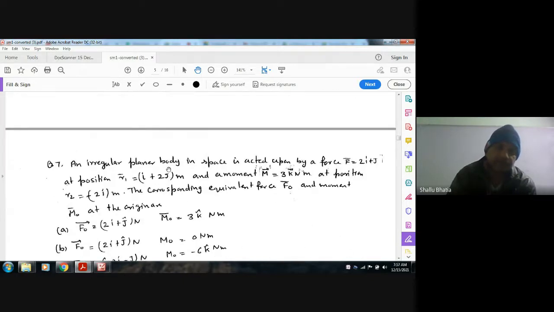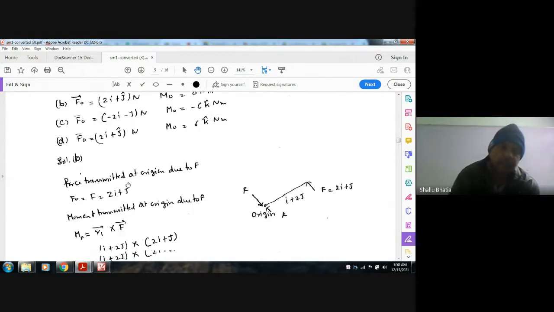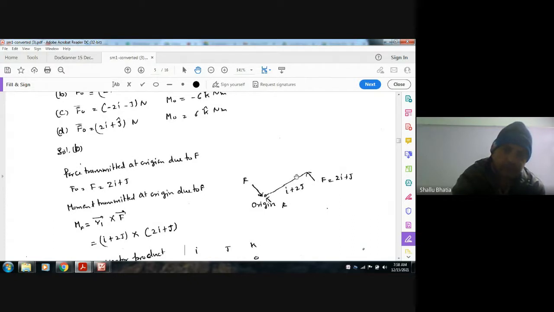So here it is given that the force is this, and that is acting at R1. Now this is the given force, that is F is equal to 2i plus j, and this is the vector at which it is acting, R is i plus 2j. Now apply an equal and opposite force at the origin. Now this F and this F will create a moment, and this F will be the force transferred.